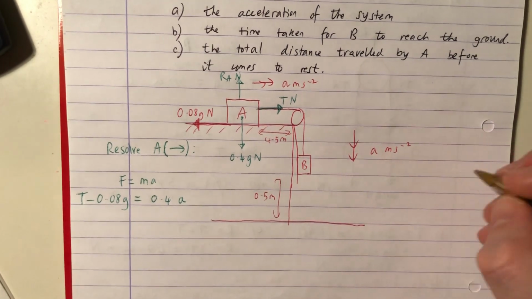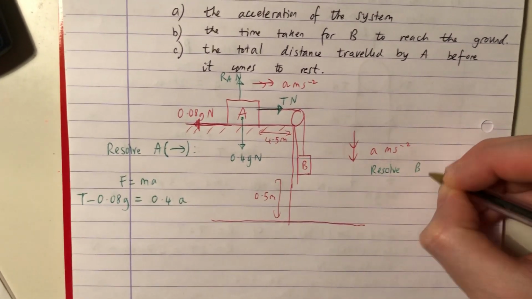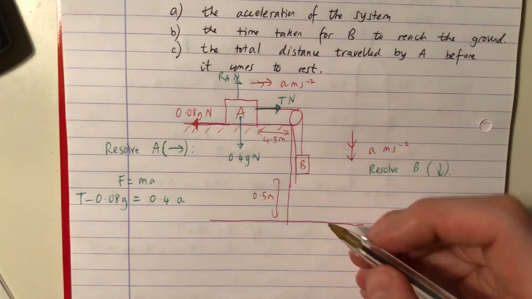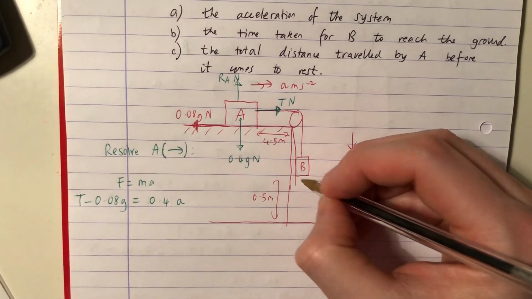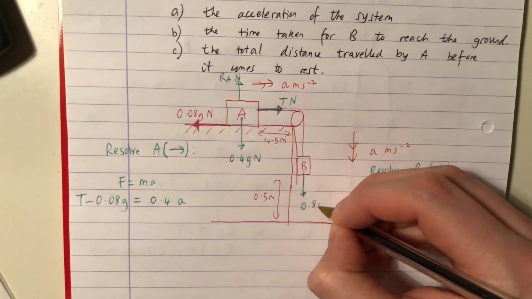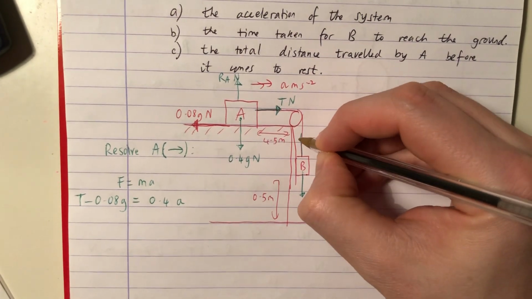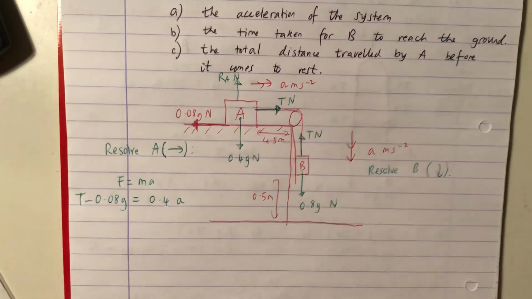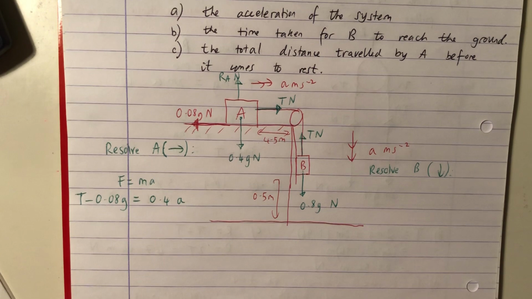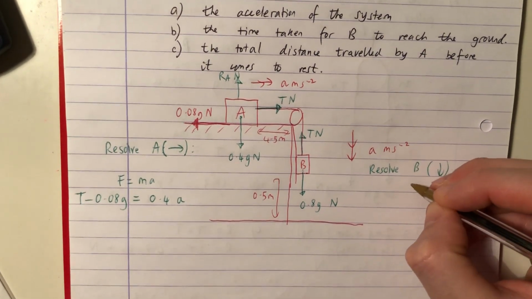Alright, let's do exactly the same for B. Okay, forces acting on B, has a weight, 0.8 G newtons. Attached to a string, so there's a tension, T newtons. And that's it. And it's accelerating, so F equals ma.